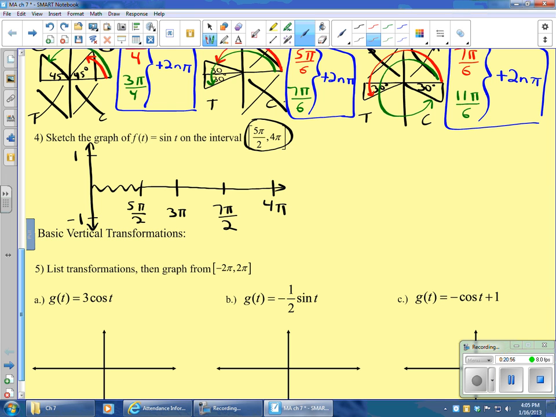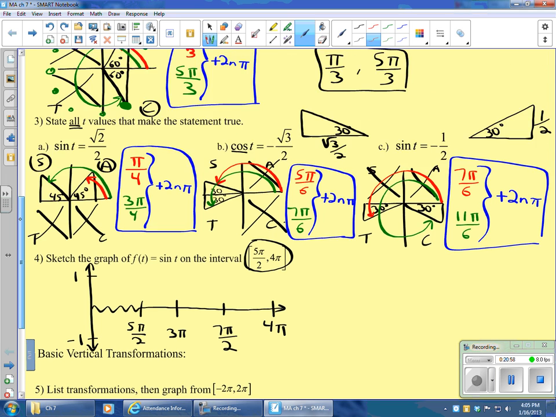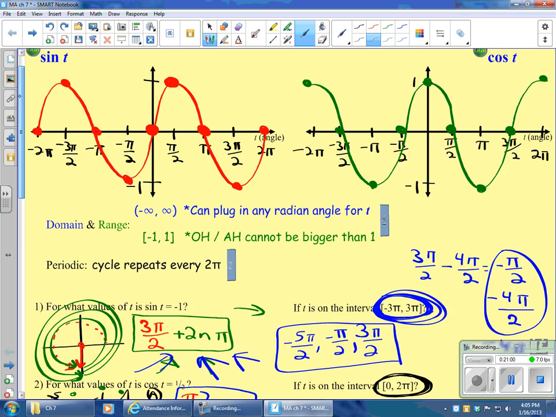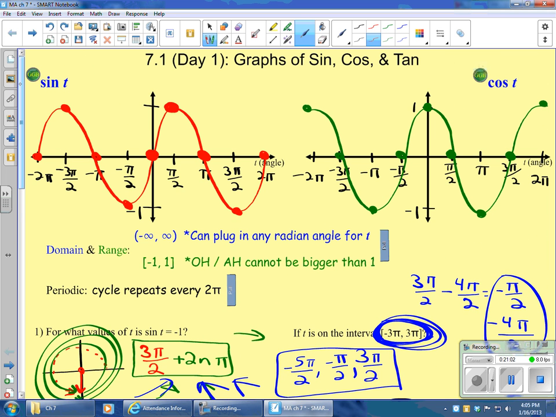Now, if I look back up to the graph of sine I had at the beginning, this graph ended at 2 pi, which you can think of as 4 pi over 2. So that means the next increment on this axis would have been 5 pi over 2. Since it was below and then on, it must be that at 5 pi over 2, I'm above.